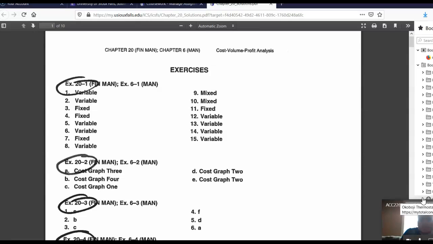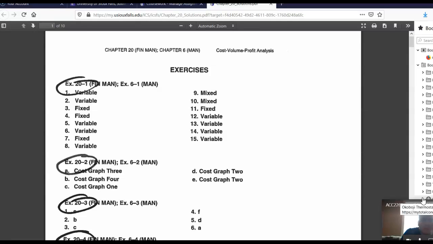Those are pretty straightforward. Number 2, these are all pretty straightforward. There's 2 of them, though, that are tricky. So which graph describes it best? Total direct materials costs.